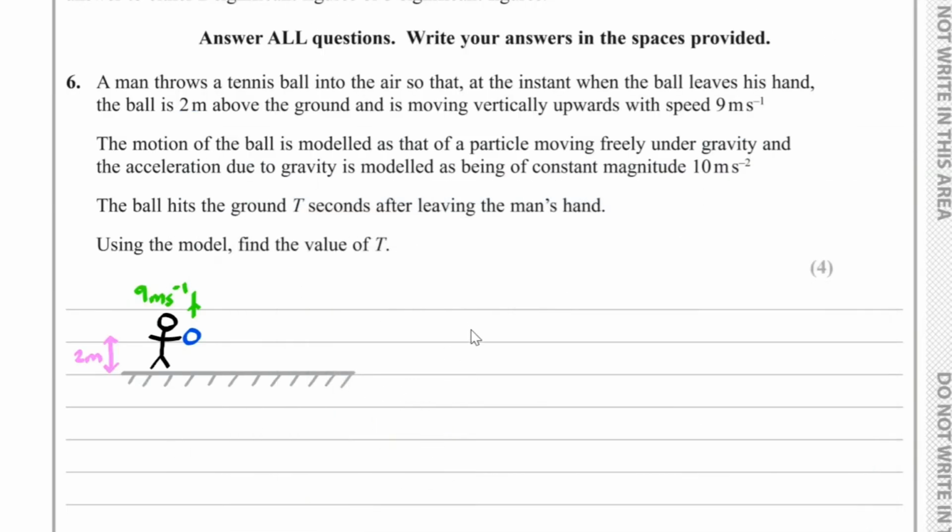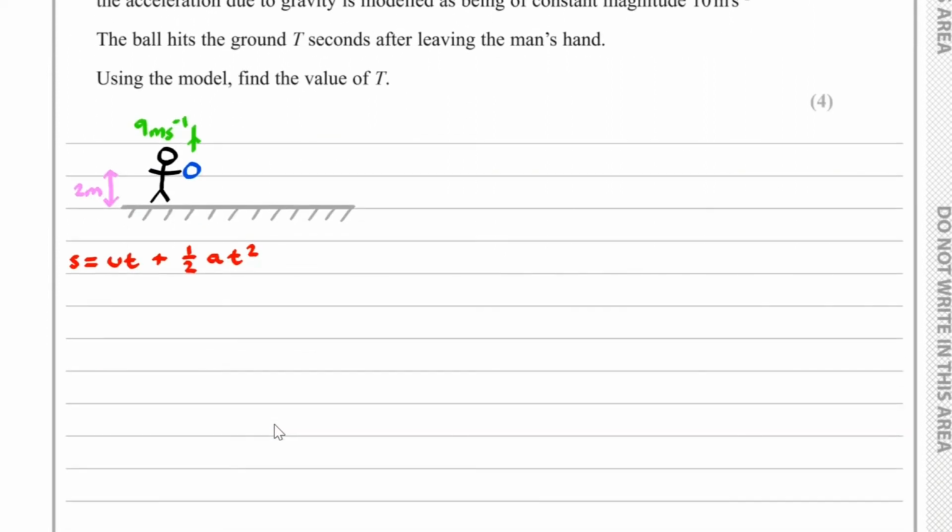And so, using s equals ut plus 1/2 at squared, we've got -2 equals u, which is 9, times t. Now, we subtract 1/2 times 10. g will be -10, and then we multiply this by t squared.